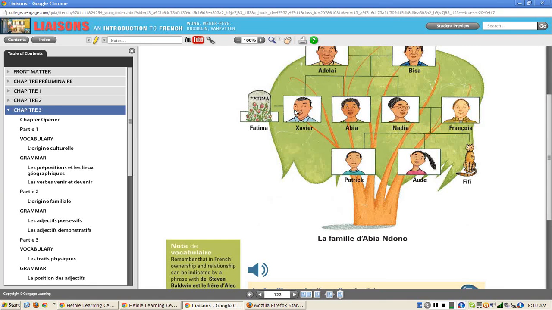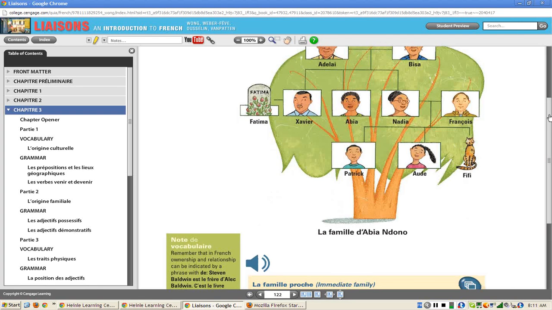Et puis Xavier et Abia, n'est-ce pas? Ce sont les enfants, oui, ce sont les enfants d'Adelaide et de Bisa. Mais ce ne sont pas des parents. They aren't parents. Ils n'ont pas d'enfants. They don't have children. Mais Nadia et François, ce sont les parents.